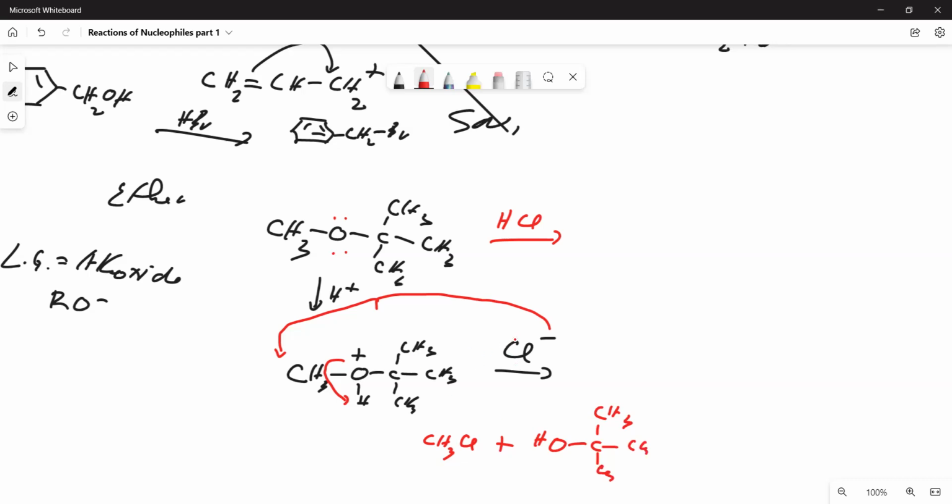But if the chloride will attack this one here, then this one will leave, producing methanol and tertiary butyl chloride.